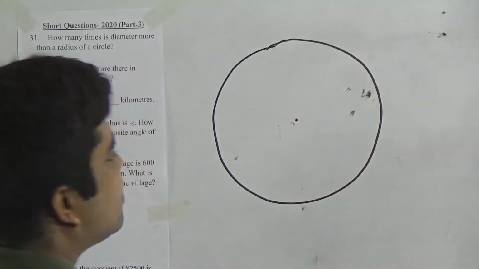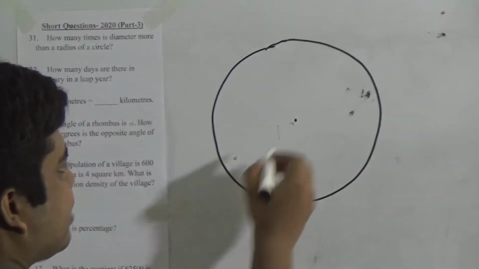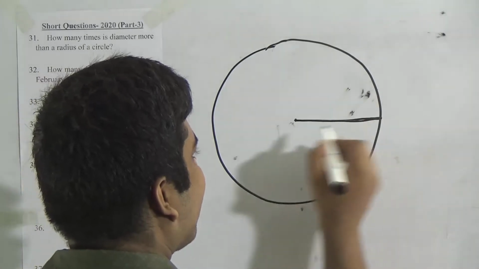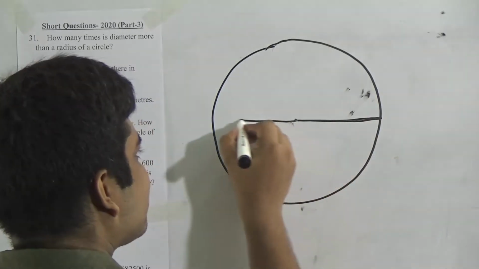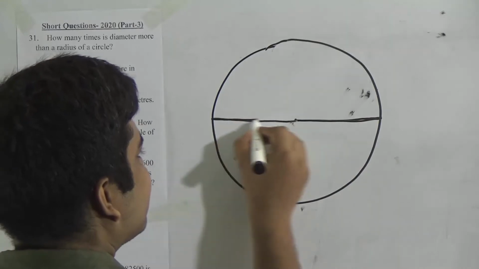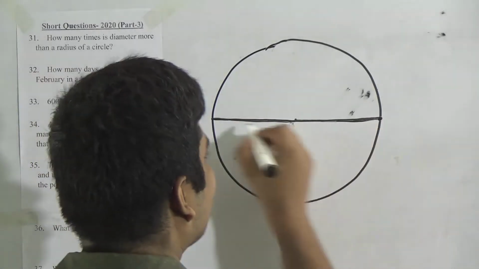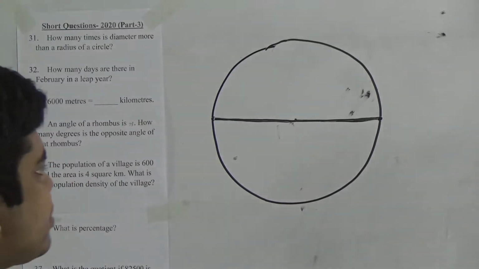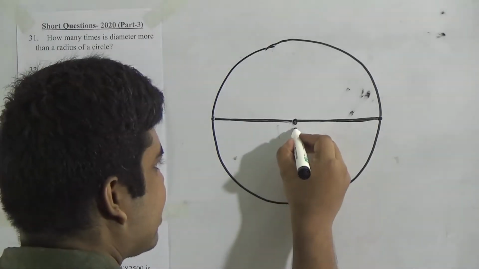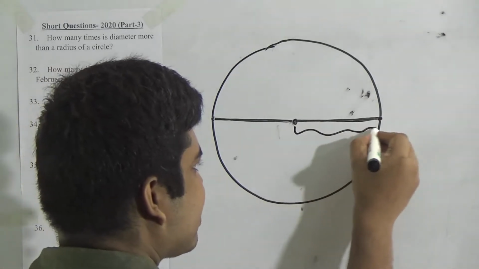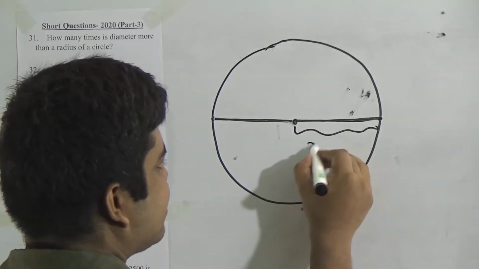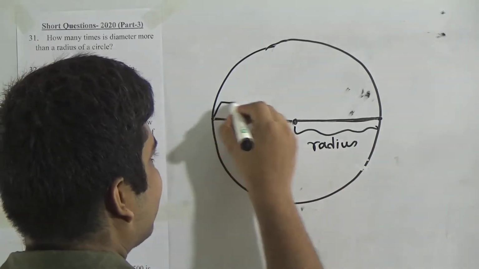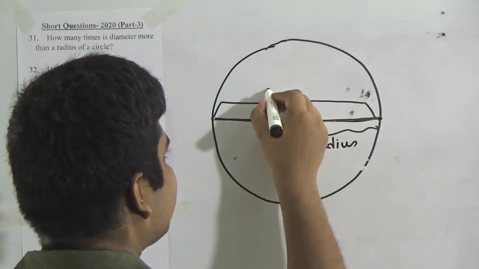This is the center of the circle and this is the radius of the circle, and if I extend it to the circumference, then the whole chord is called the diameter of the circle. Notice, from the center to the circumference of the circle, this is the radius, and the whole part of the chord is called the diameter.